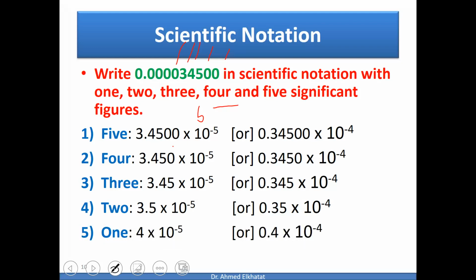So make sure that when you reduce the number of significant figures, okay, it doesn't affect the value, it just affects the precision, or how the sample is more or less accurate. Okay, so the sample here is less accurate, but you have the same value.